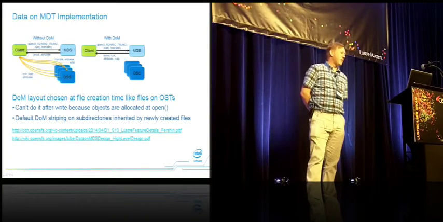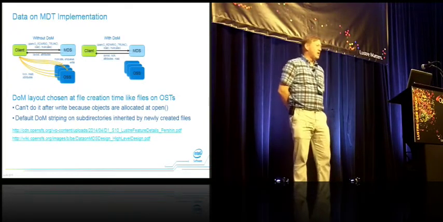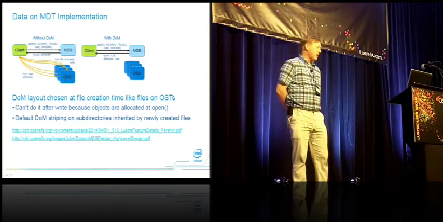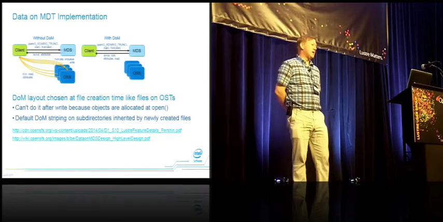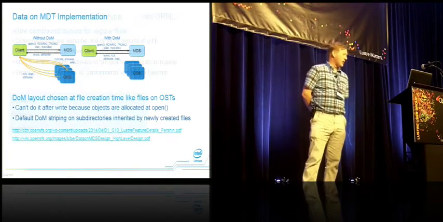With further work on Data-on-MDT, you could potentially extend the statahead feature to also fetch small file directory data in a single RPC. So you get the attributes, open the file, and read the data without multiple network round trips.